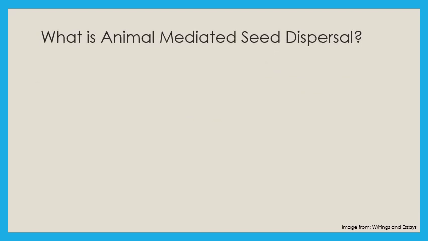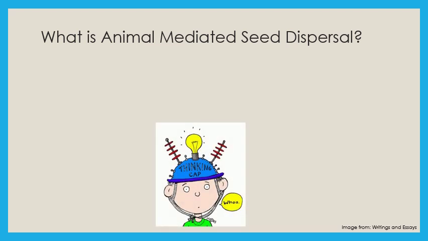Okay, so what is animal-mediated seed dispersal? That sounds very difficult, so let's put on our thinking caps. We have animals and seed and dispersal. Dispersal sounds like disposal, which means taking an object and throwing it away.